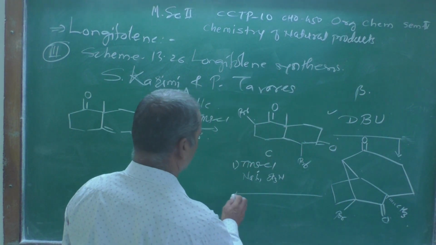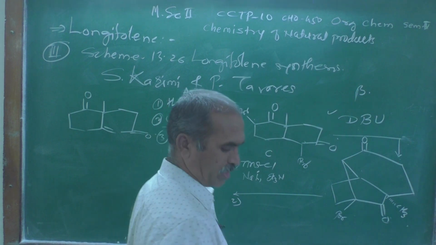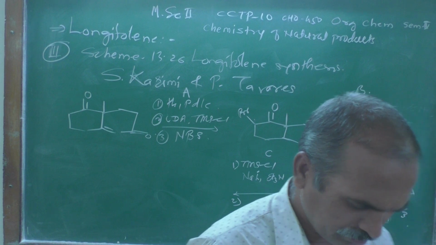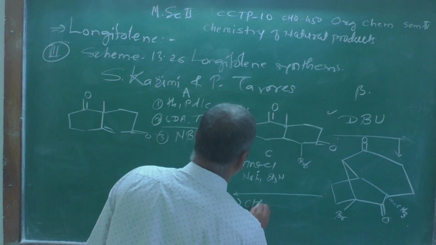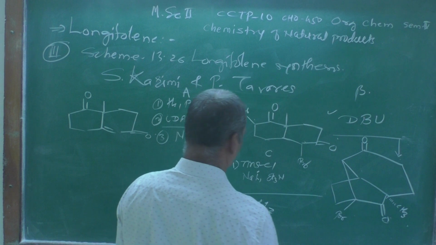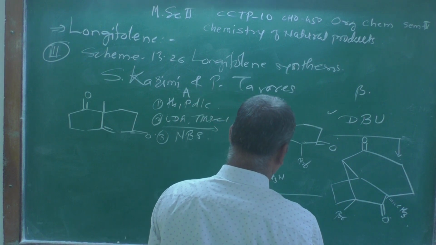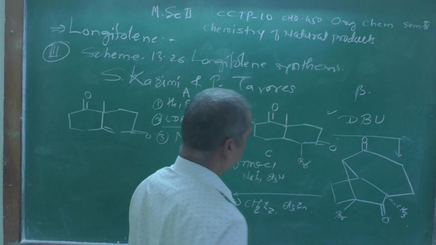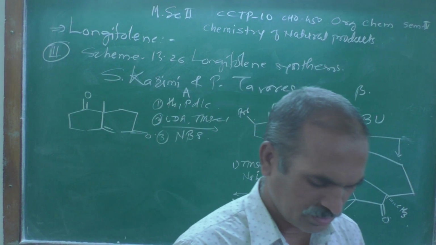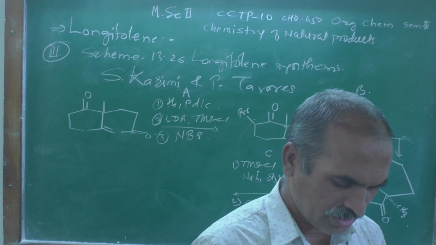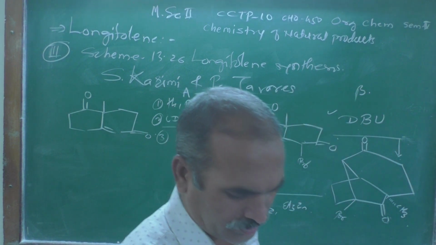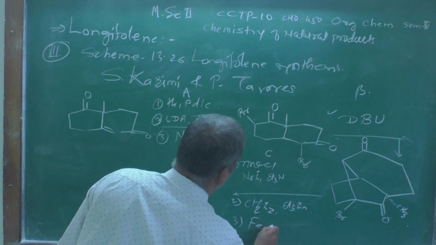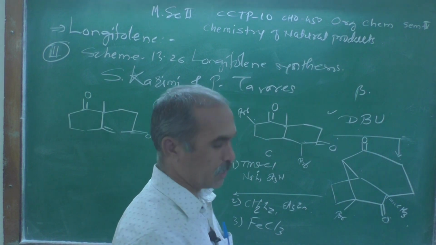The second reagent used over here is CH2I2, diiodomethane, and Et2Zn, that is diethyl zinc, and the third one is FeCl3, that is ferric chloride.